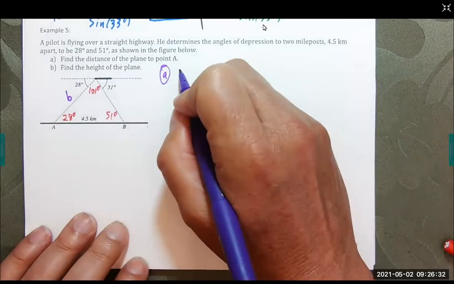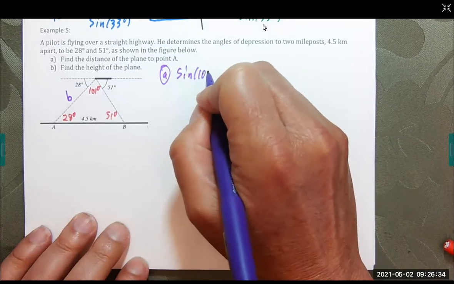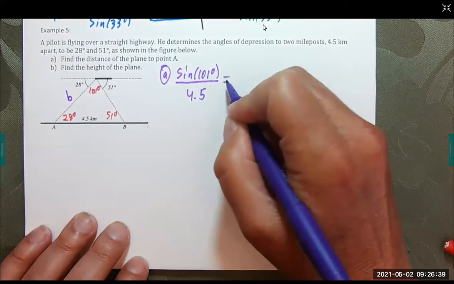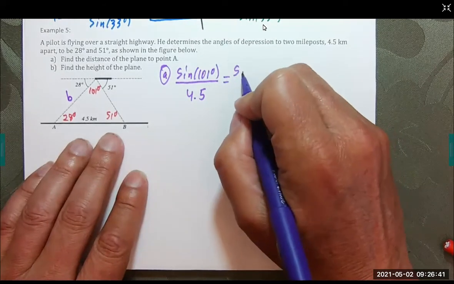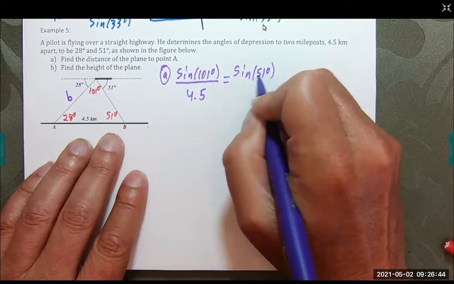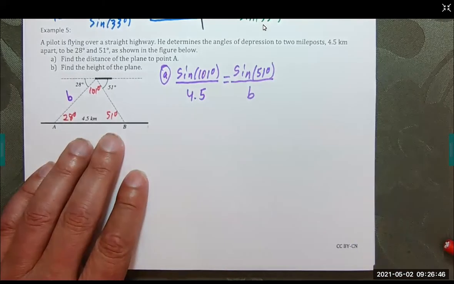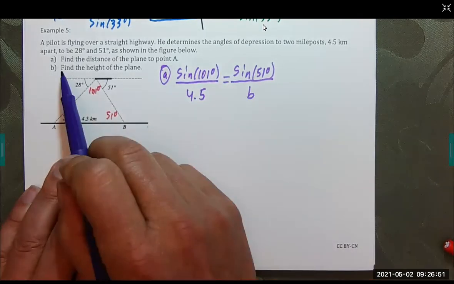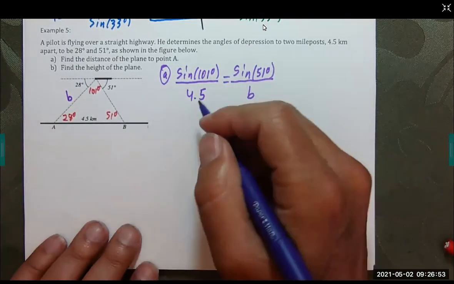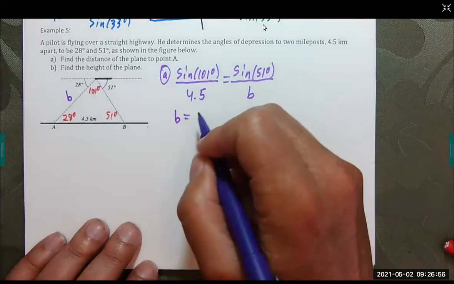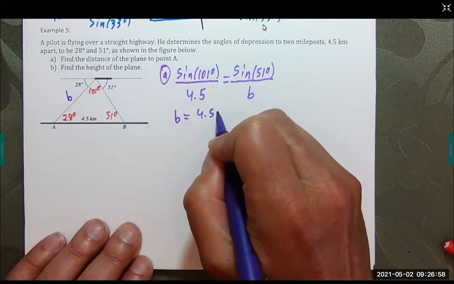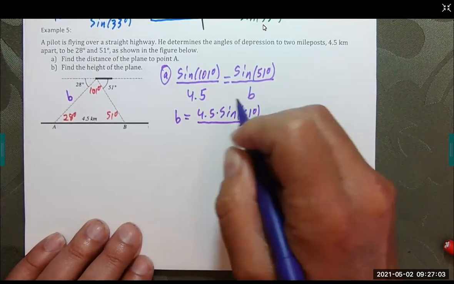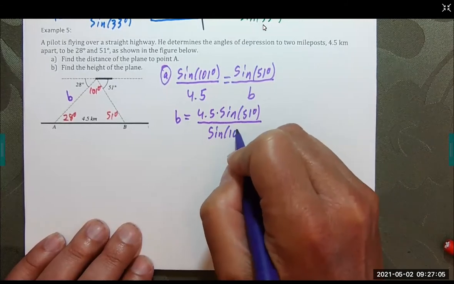So this is the sine of 101 degrees over 4.5 is equal to the sine of 51 degrees over side B, with B being the distance from A to the plane, which is what we're looking for in part A, the distance from the plane to point A. Rearranging this, B is going to be equal to 4.5 times the sine of 51 degrees over the sine of 101 degrees.